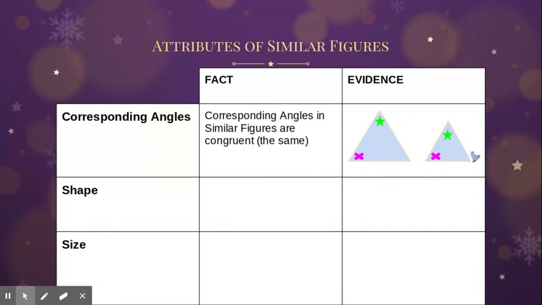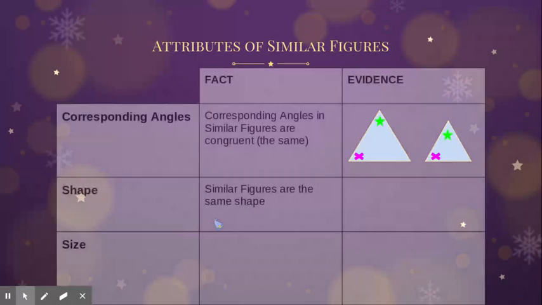They're the same shape. They're different sizes though. This little pink X and this little pink X mean those two angles are going to be the same. So if this X is 30, that means this X is 30. If I look up here, this green star is at the top of both of them. That means if this green star was 60, then that green star is also going to be 60. Okay?